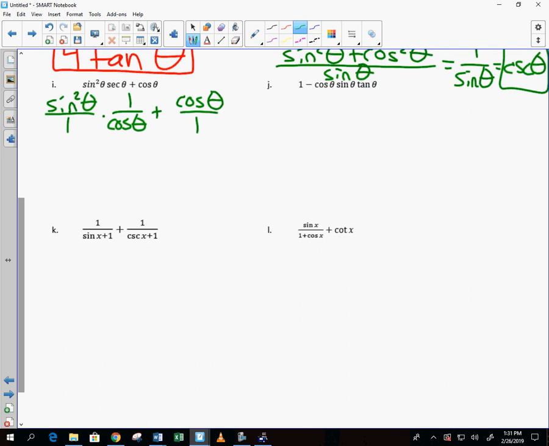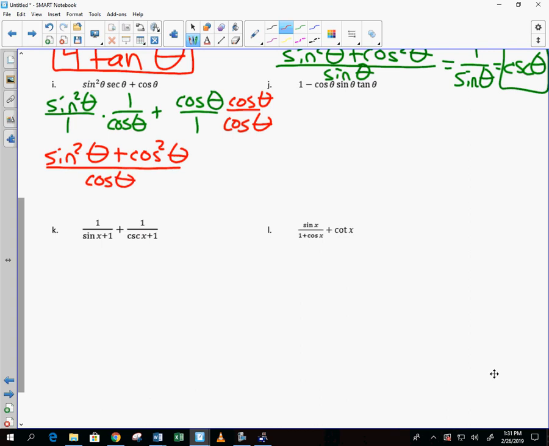Is there a way to get a cosine squared? Multiply the top and bottom by cosine of theta, then they would have a common denominator. And I get sine squared of theta plus cosine squared of theta all over cosine of theta. Exactly. It's the same type of problem. I just rewrote it a little bit differently. This time we get 1 over cosine, which is secant.